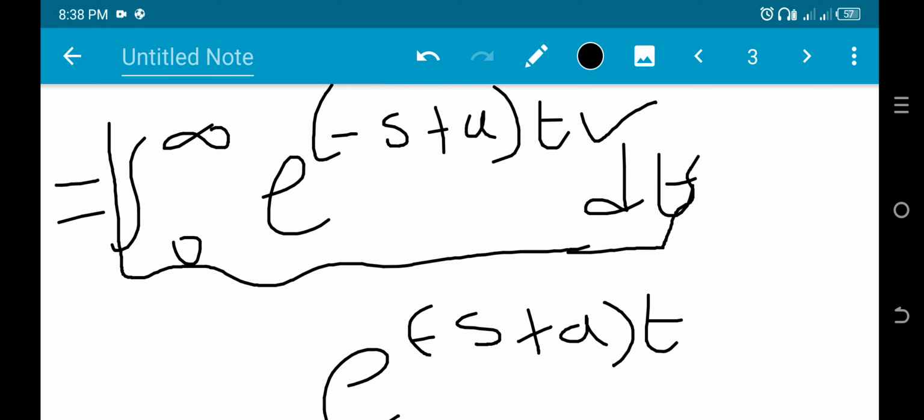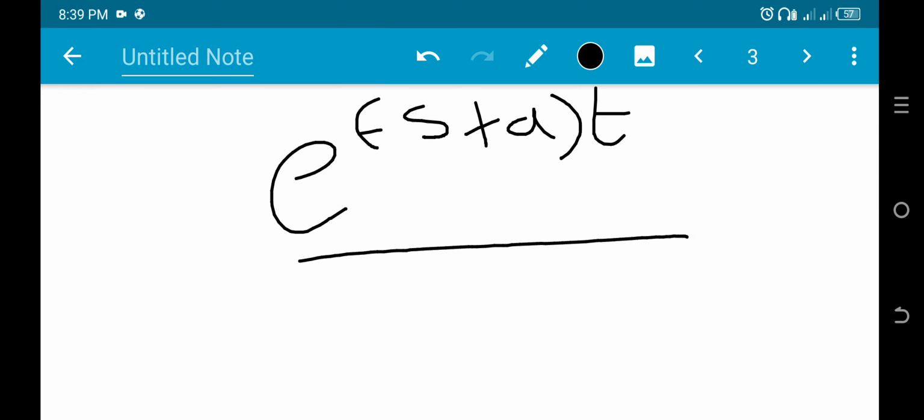If we differentiate the power, we are just left with this part. So what we have is negative s plus a.